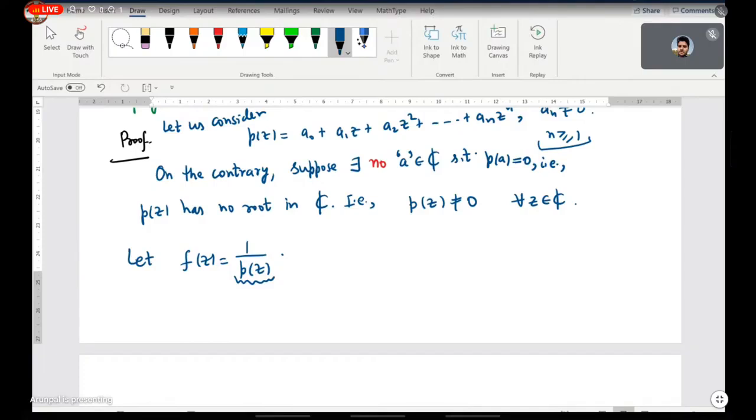If a polynomial function is analytic in C, it is entire, and this is just a constant function. So using the algebra of analytic functions, I can say clearly f is analytic in C, or you can say entire. Is this okay, class? Yes, sir. Okay, fine, good enough.